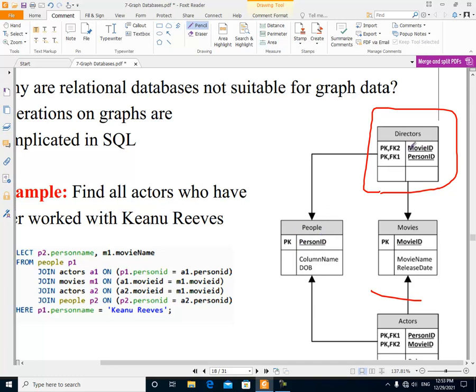Also, we have some foreign keys. For example, in directors, the movie ID and the person ID are foreign keys. The movie ID is referring to the movies table, and the person ID is referring to the people table. So, as we said before, in the relational database, the foreign keys are used for relating different tables to each other.